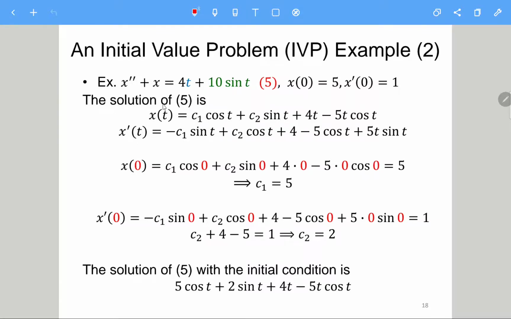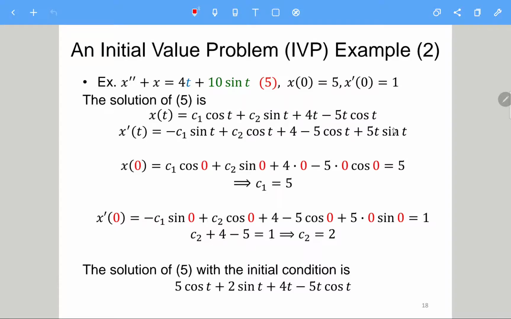So we take the first derivative of x of t, which is minus c1 sine t, because the derivative of cosine is minus sine, and then the derivative of sine is cosine, and for 4t the derivative is 4. The first derivative of the last term is minus 5 cosine t plus 5t sine t.